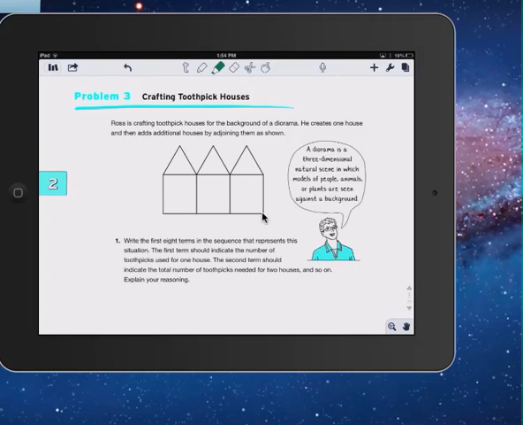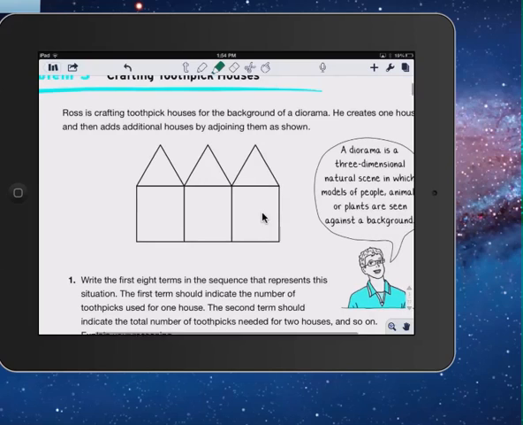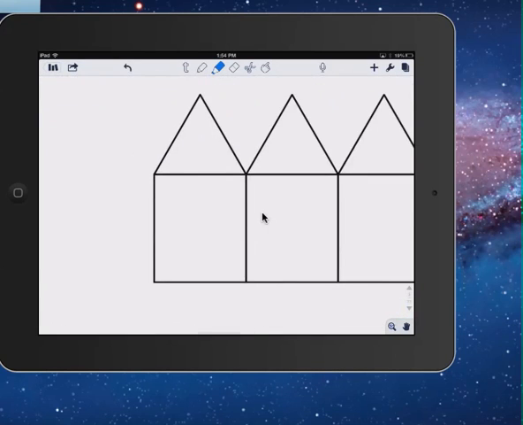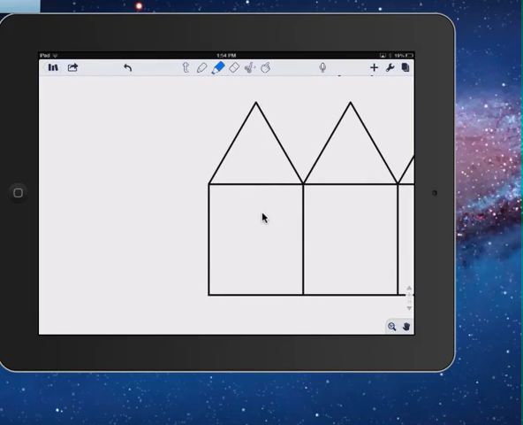So adjoining means this. See how this is adjoining? Right next to, against it. So he's making a toothpick house. How many toothpicks does he need to make one house? Jillian, how many toothpicks to make one house?